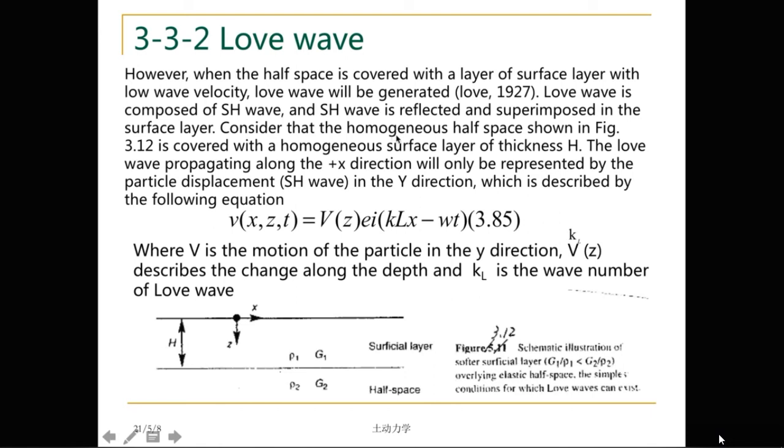Consider a homogeneous half space, as in figure 3.12, covered with a homogeneous surface layer of thickness H. The Love wave propagating along the x direction will only be represented by the particle displacement in the y direction, which is described by the following equation.